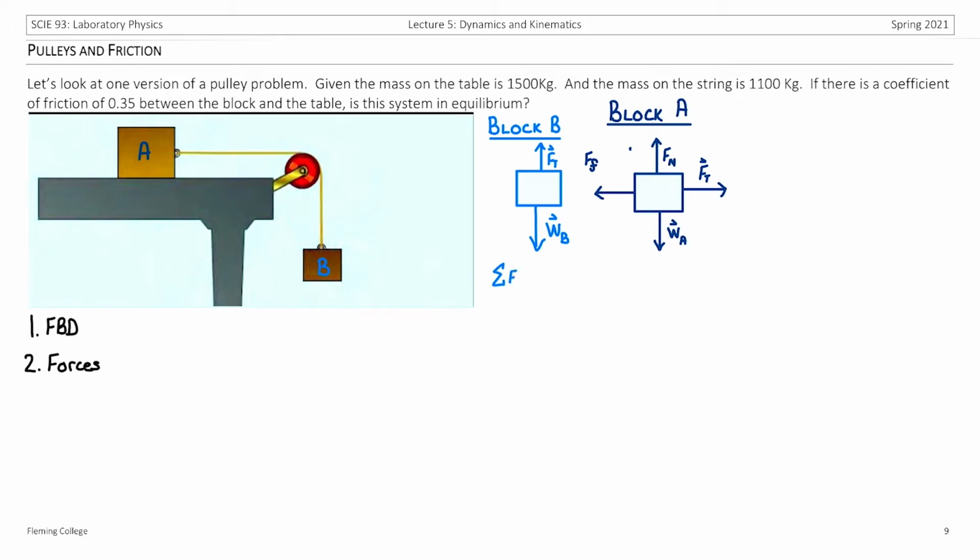In block B, we set up the sum of our forces, setting it equal to the mass of block B and the acceleration of block B, and our forces will be the force of tension and the weight. I'm going to apply what we know about the weight and the constraint on the acceleration to say that we will end up with, subtract the mass of block B times the acceleration due to gravity.